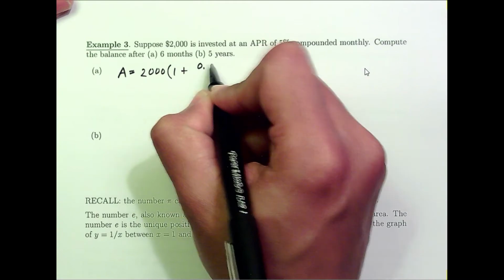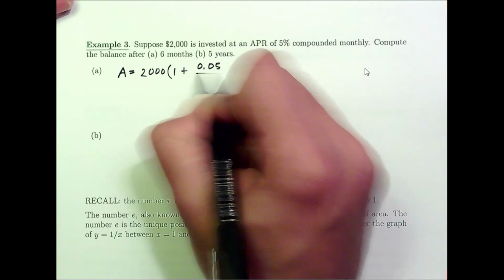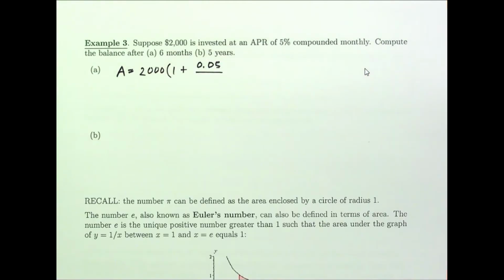So 0.05 over n. n is the number of times in a year. It says is compounded every 6 months. Every 6 months, that happens twice in a year.